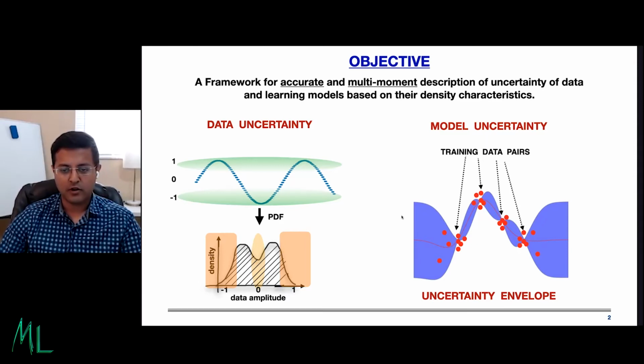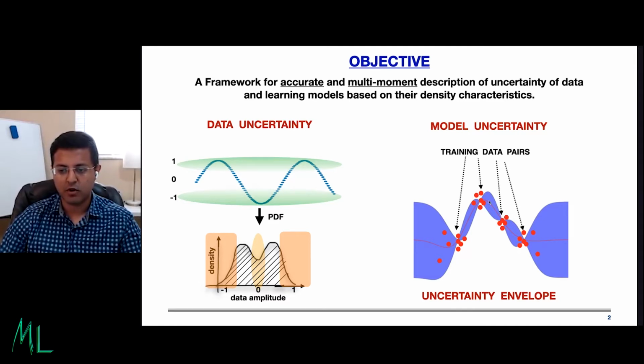And similarly, for model uncertainty, you can visualize any neural network trained on some specific training data pairs. The uncertainty envelope associated with that model should characterize high confidence in regions around those training data pairs, and that uncertainty should increase as you move away from those training data pairs.